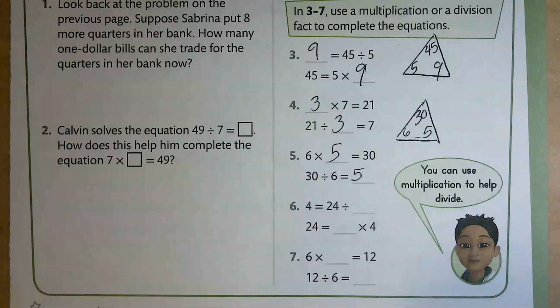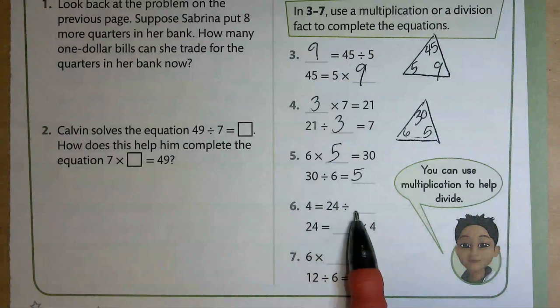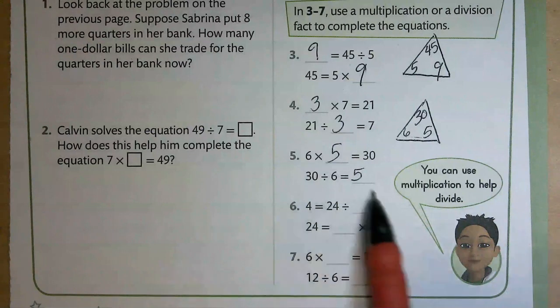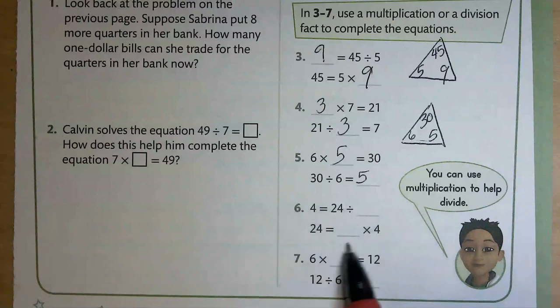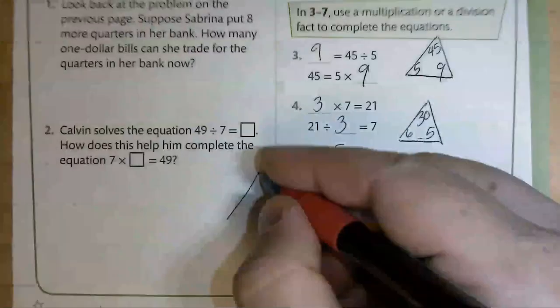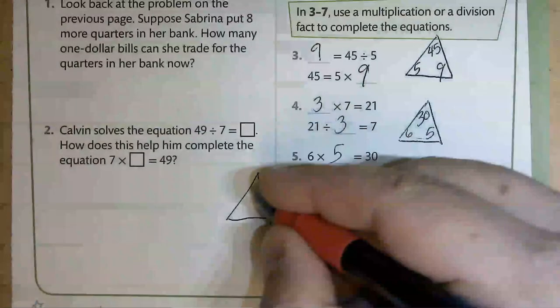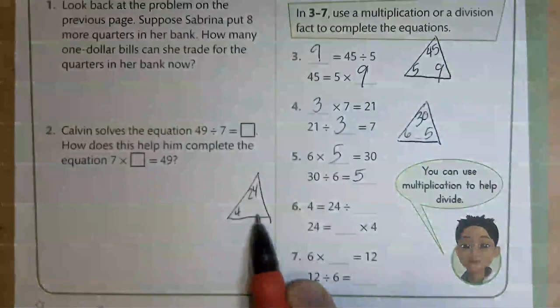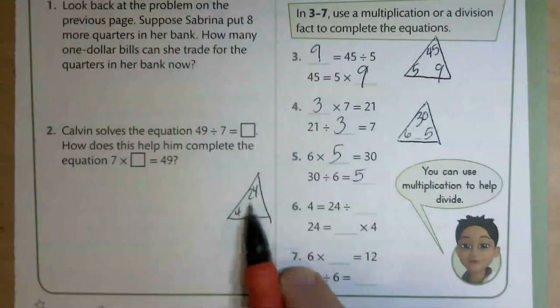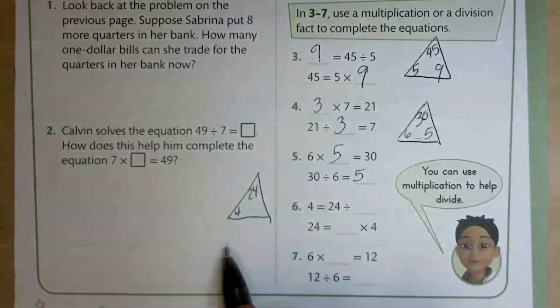All right, let's go on to our next one. It says 24 divided by something equals 4. Well, what is that something? Groups of 4. Well, here I've got something times 4 is equal to 24. So again, if I draw my triangle real quick, I've got 24 on top, 4 on the side. 4 times what gets me to 24? 4, 8, 12, 16, 20, 24.